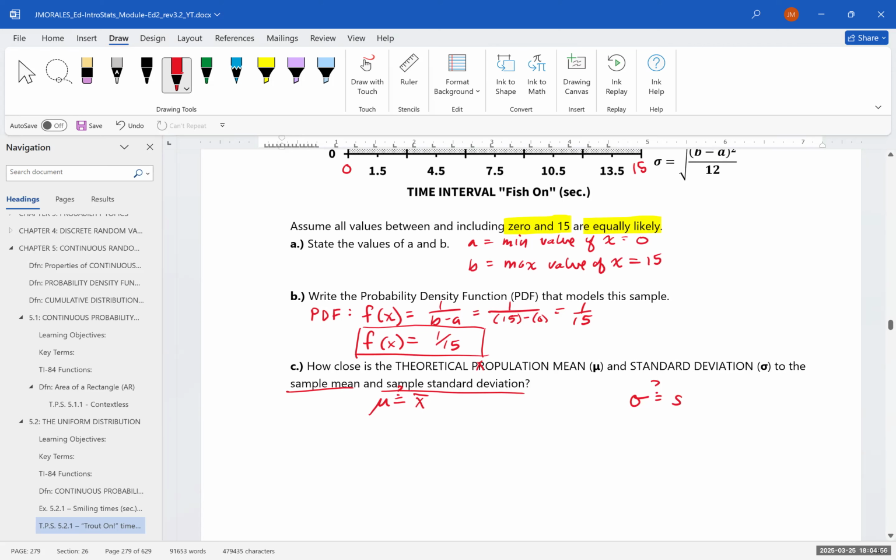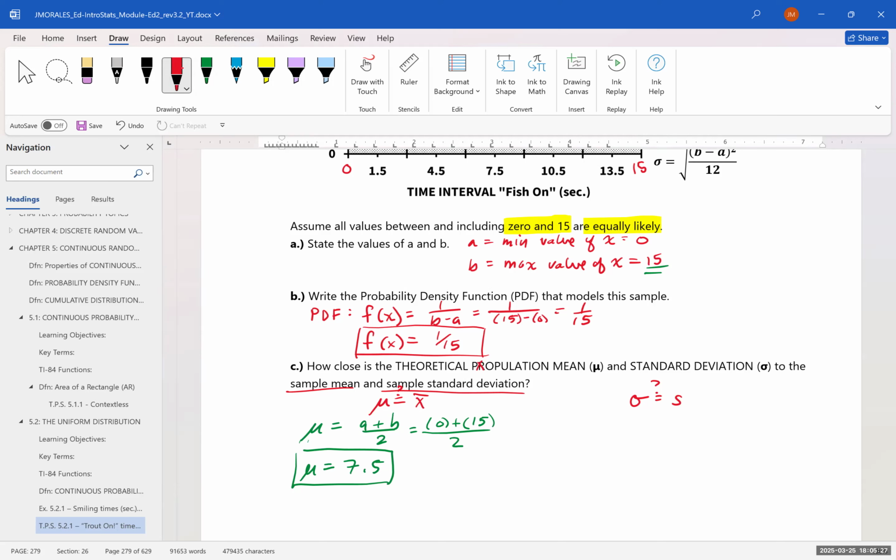So to calculate the theoretical population mean, it's going to be a plus b divided by 2. And a is 0, b is 15, divided by 2. And 15 divided by 2 is 7.5.